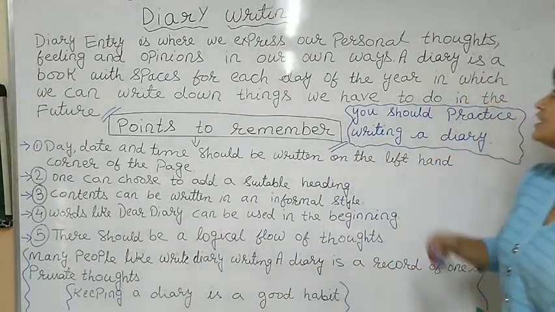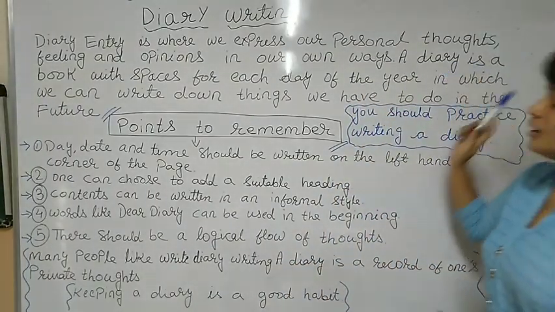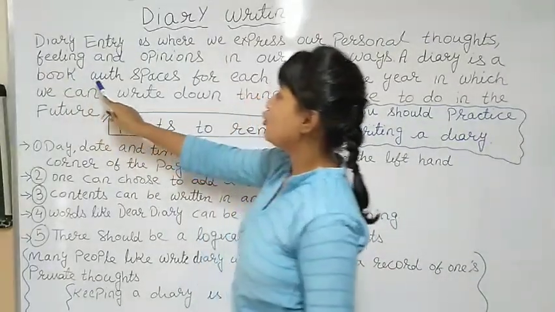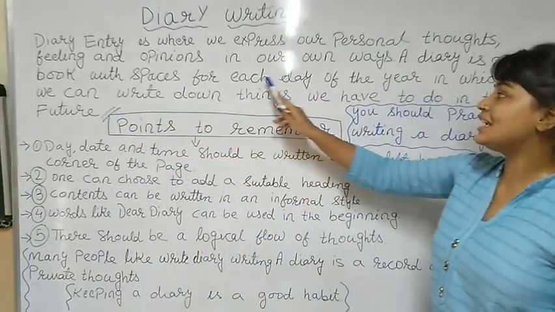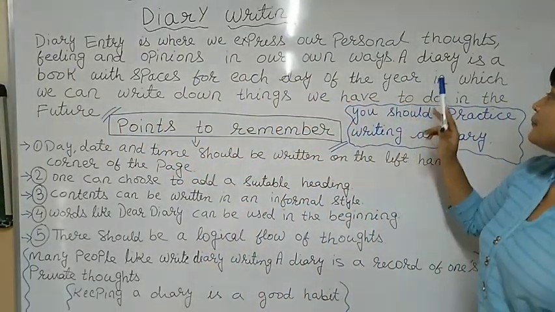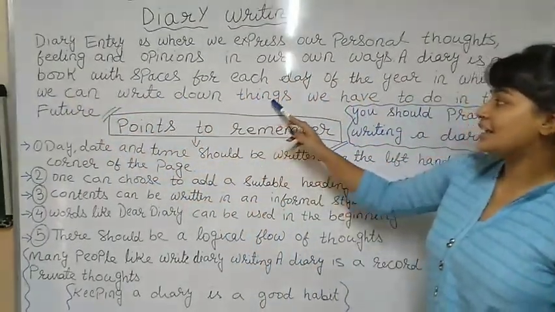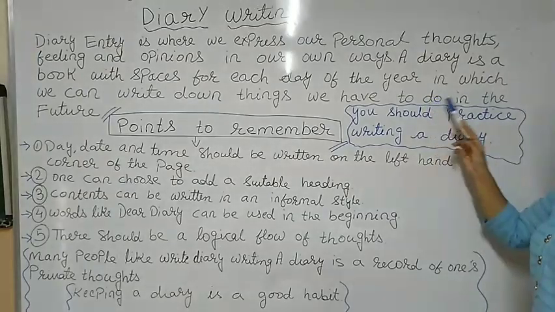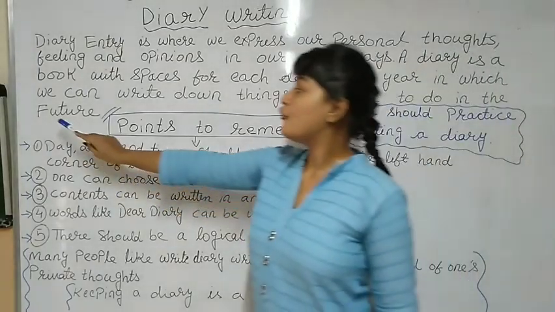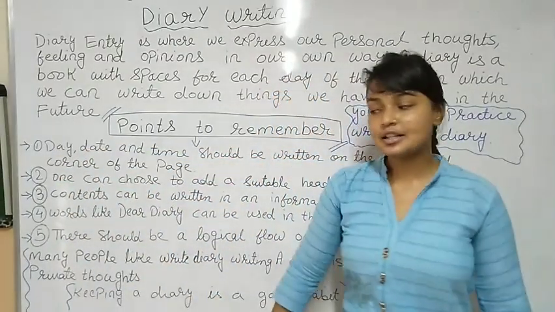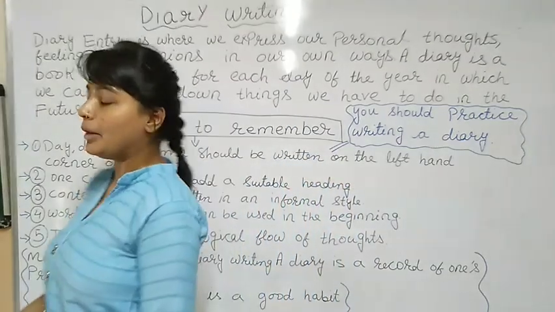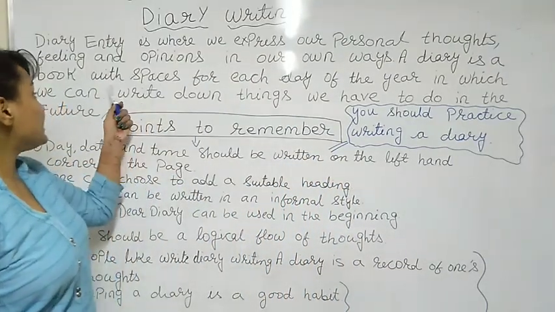Next we will see that a diary is a book with spaces for each day of the year, in which we can write down things we have to do in the future. So students, a diary entry is all about the spaces.